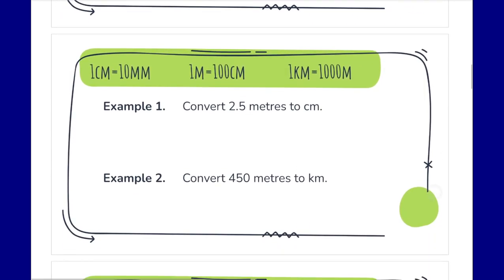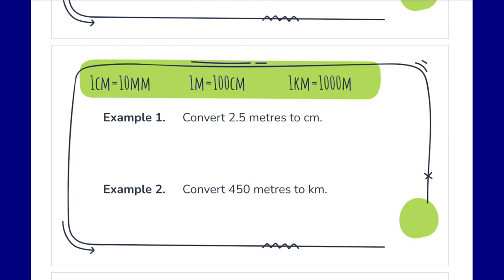We're just going to use some general conversions within the metric system itself. We have all of our unit rates up top. 1 centimeter equals 10 millimeters. 1 meter equals 100 centimeters. 1 kilometer equals 1,000 meters. It doesn't really matter which part of the ratio is the 1 unit.